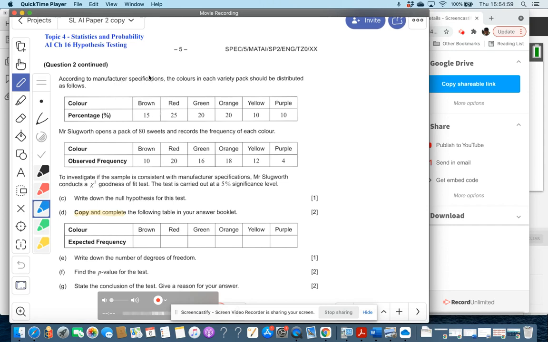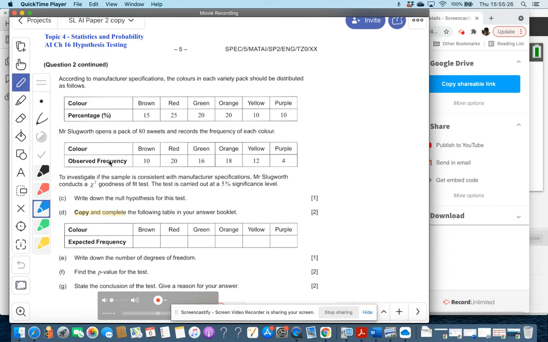The manufacturer specifications say that this is the percentage of their stars and crescents and all that are distributed, their candies. Okay, so here are the colors. We should see a corresponding yellow percentage in the previous question.